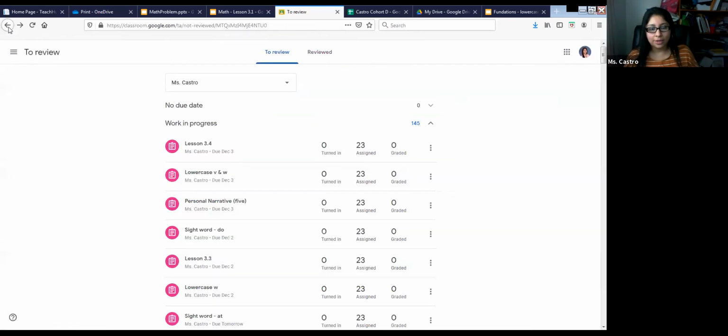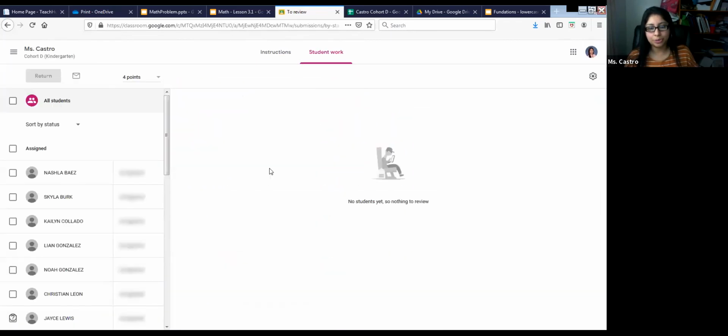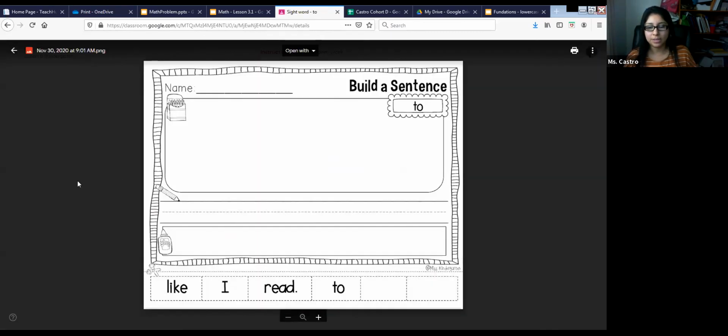Then you have the sight word of the day, which is the sight word to. So the sheet looks like this. You'll have it in your packets. You have to build the sentence for the sight word to. So the sentence here at the bottom, they have the words like, I read to. That doesn't make any sense at all.